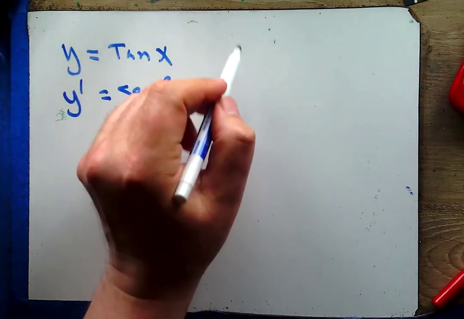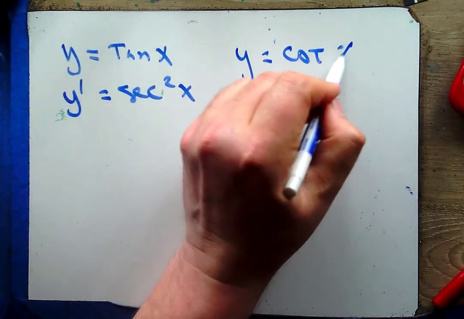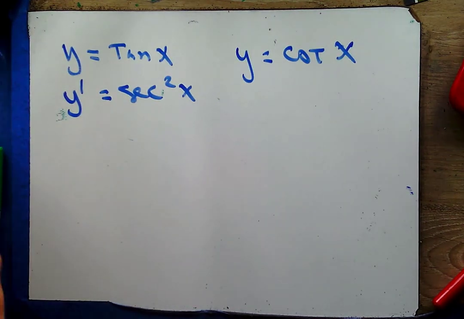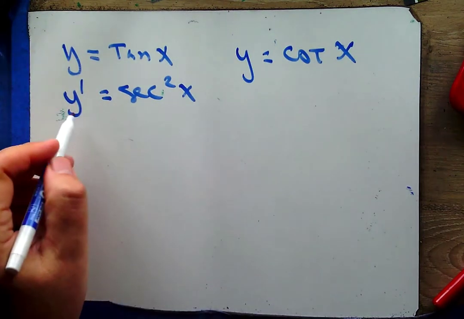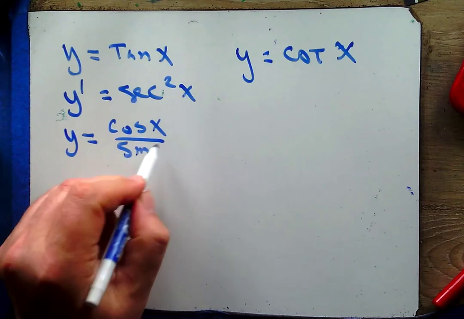Okay, so why don't you use that same technique to tell me what the derivative of cotangent x will be. Pause the video and give it a try. Well, welcome back. So we're looking for the derivative of cotangent. So I would say that's the same as cosine over sine.